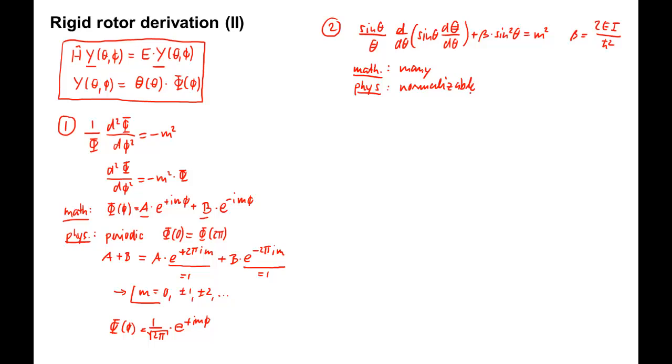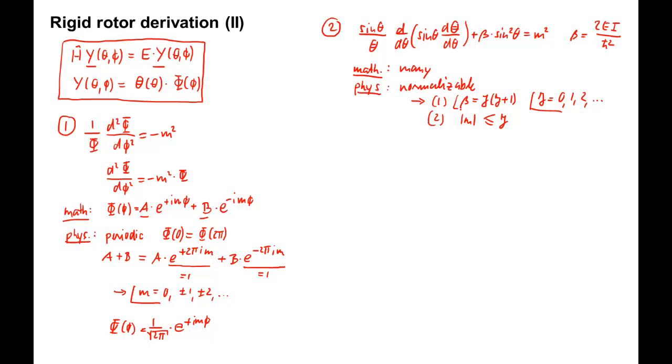It turns out this is only possible under the following two conditions. First, β must be equal to j times (j + 1), where j is an integer that's 0, 1, 2, or so on. This is our second quantum number. And the second condition, that the magnitude of m is smaller than or maximally equal to j.